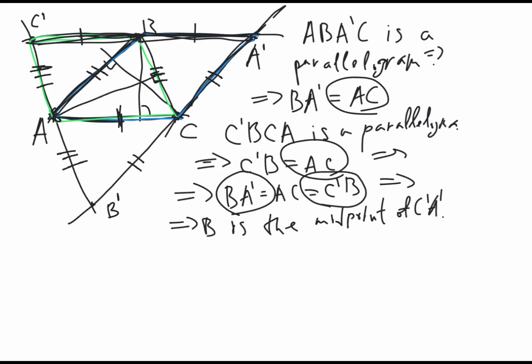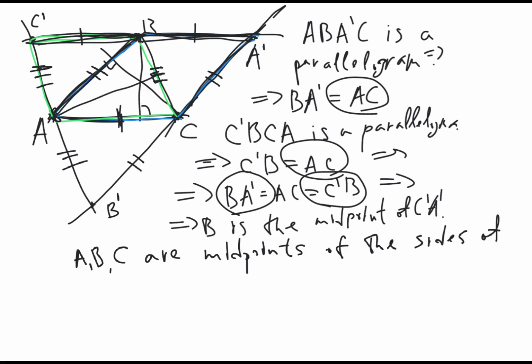In other words, A, B, and C are midpoints of the sides of the triangle A prime, B prime, C prime.